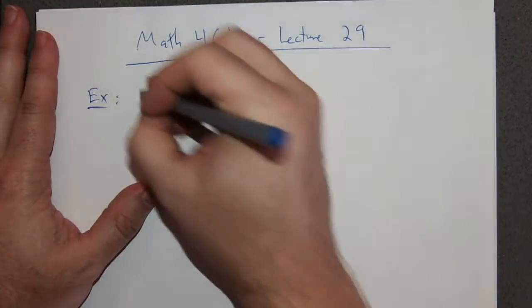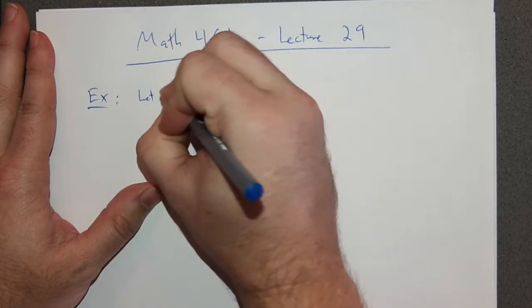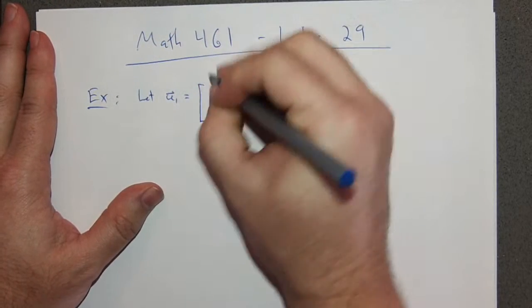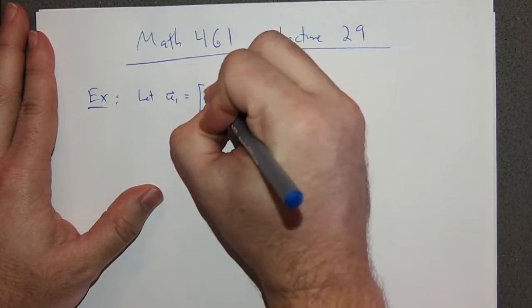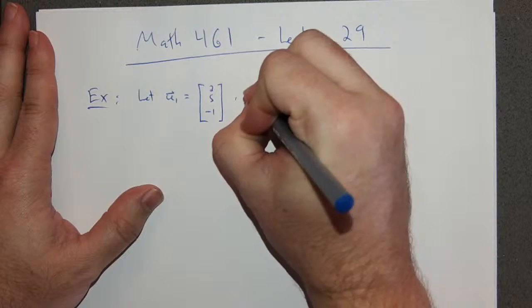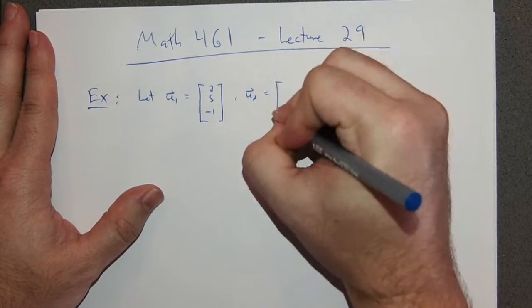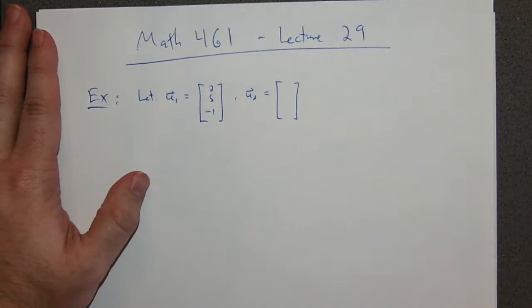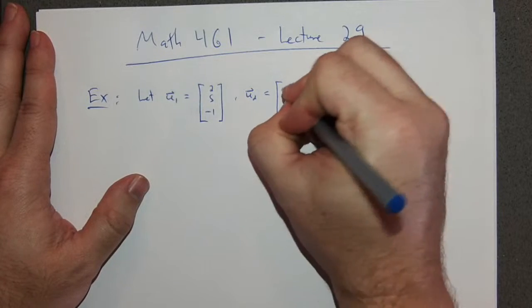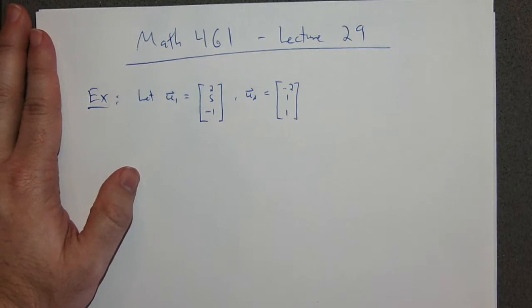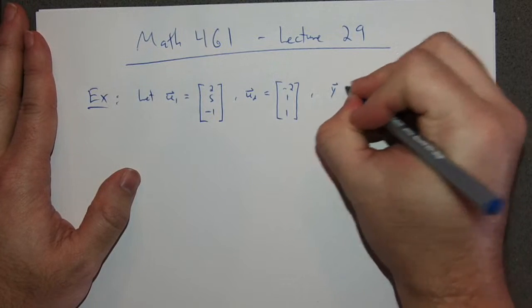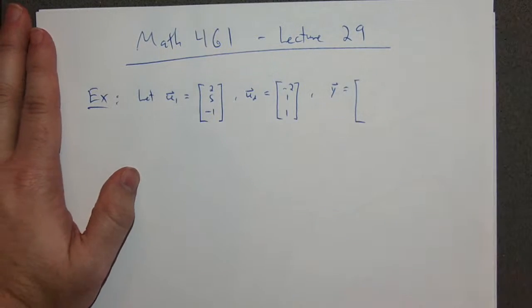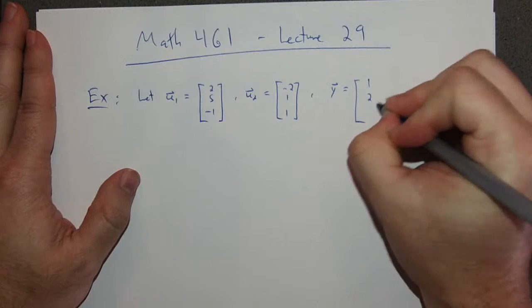So let u1 be the vector in R3: 2, 5, minus 1. Let u2 be another vector in R3, which is minus 2, 1, 1. And let y be another vector in R3, which is just 1, 2, 3.